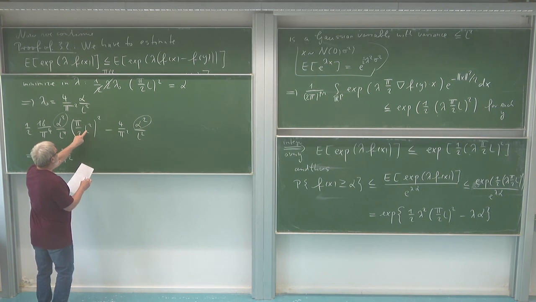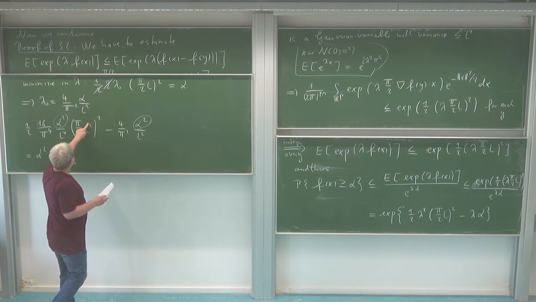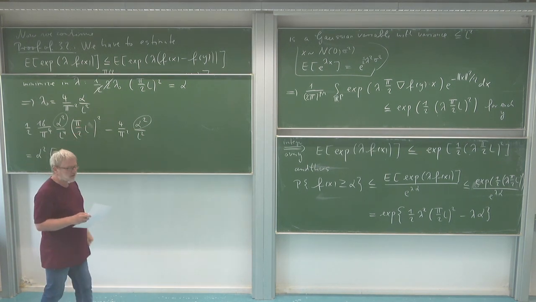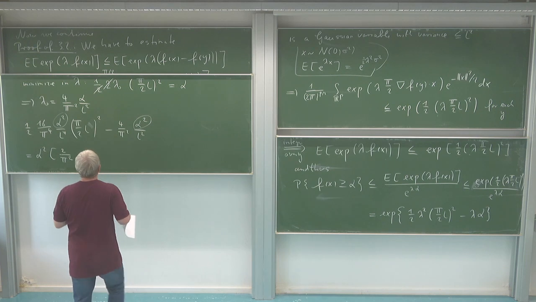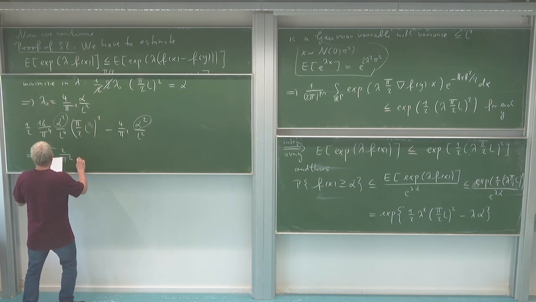What happens to the L? The L was, there was no square here. It was pi over 2L. So this is just together an L squared with this 1 over L to the 4. I have a 1 over L squared in the bottom.